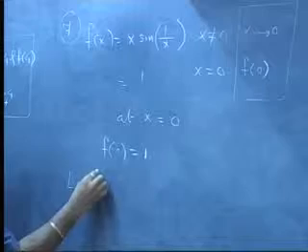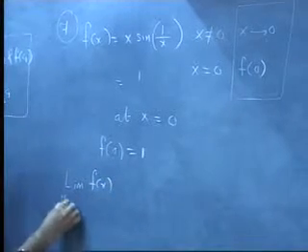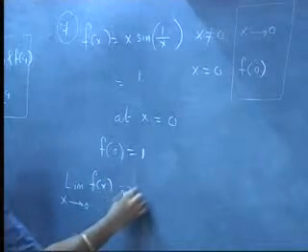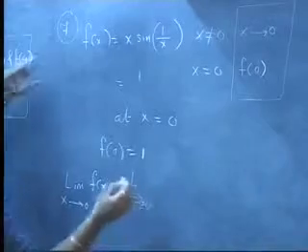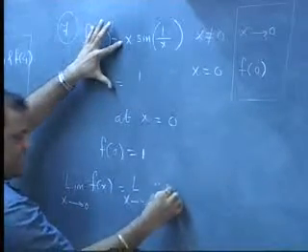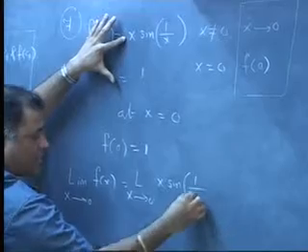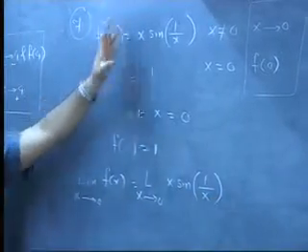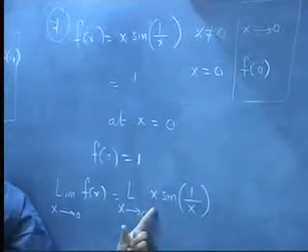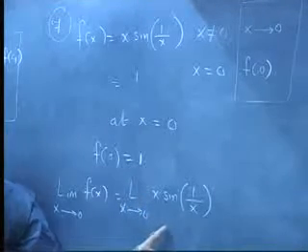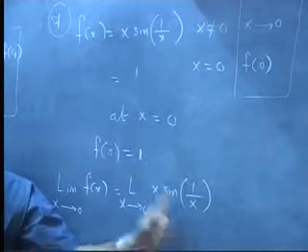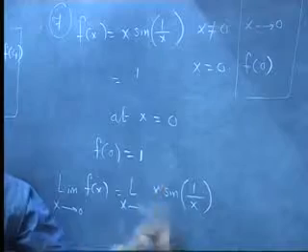Limit of fx as x tends to 0. For x tends to 0, function is being given as x sine 1 upon x. While solving this problem of limit, once again, there is no denominator. So there is no question of denominator being 0.